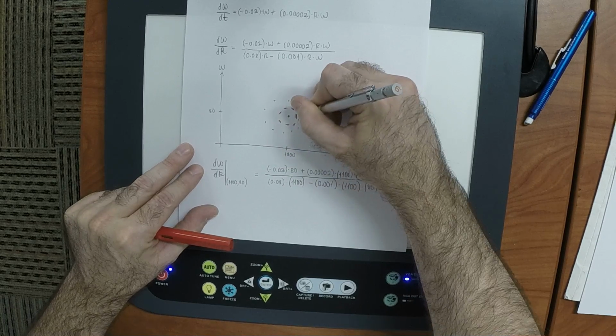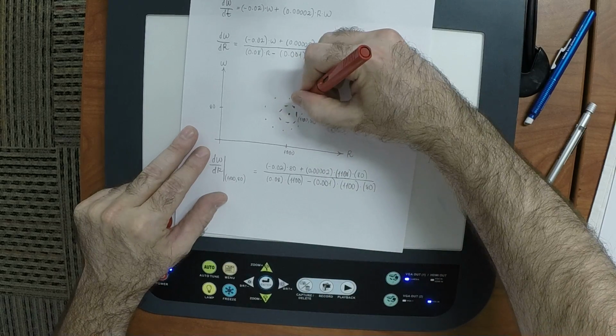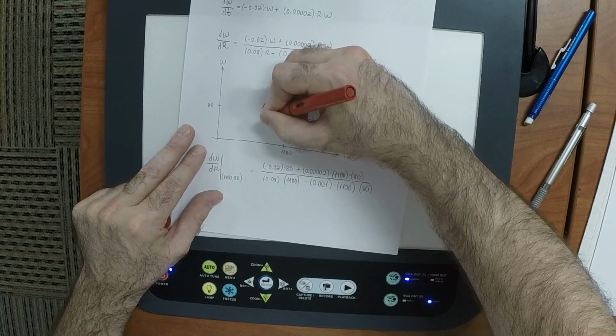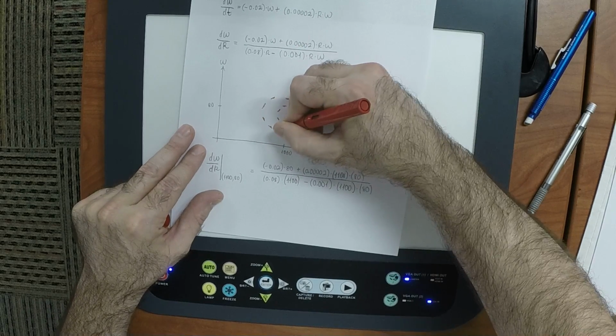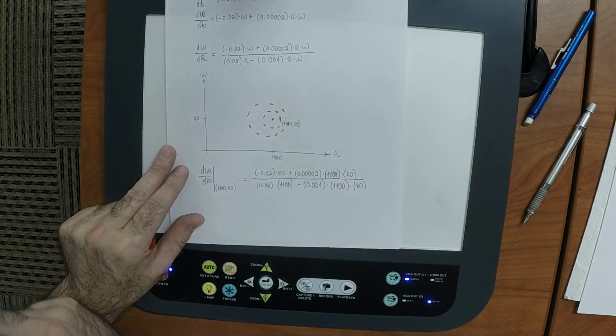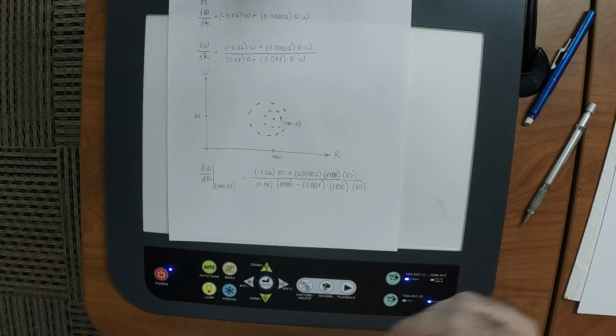This is, in my opinion anyway, the reason why humans organize themselves into societies to make computers, so you wouldn't have to do all this calculation by hand. So you can calculate these slopes at a variety of places all over the place.